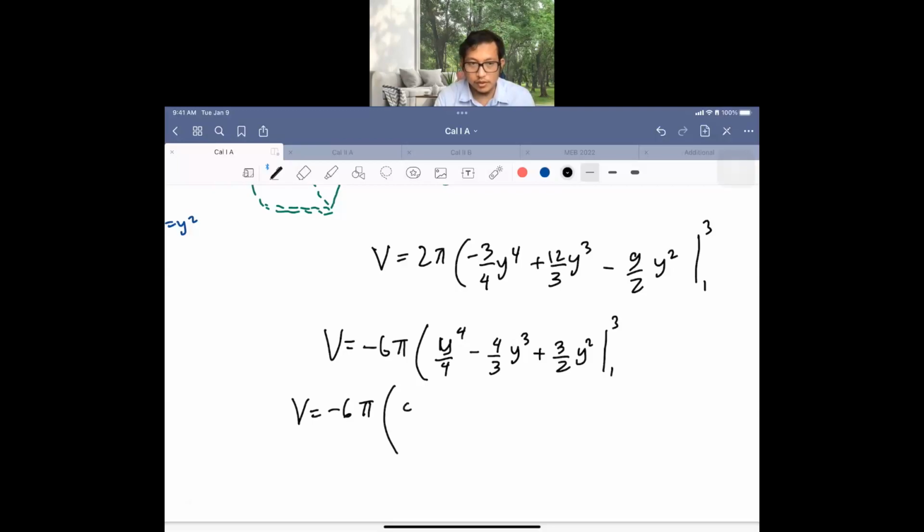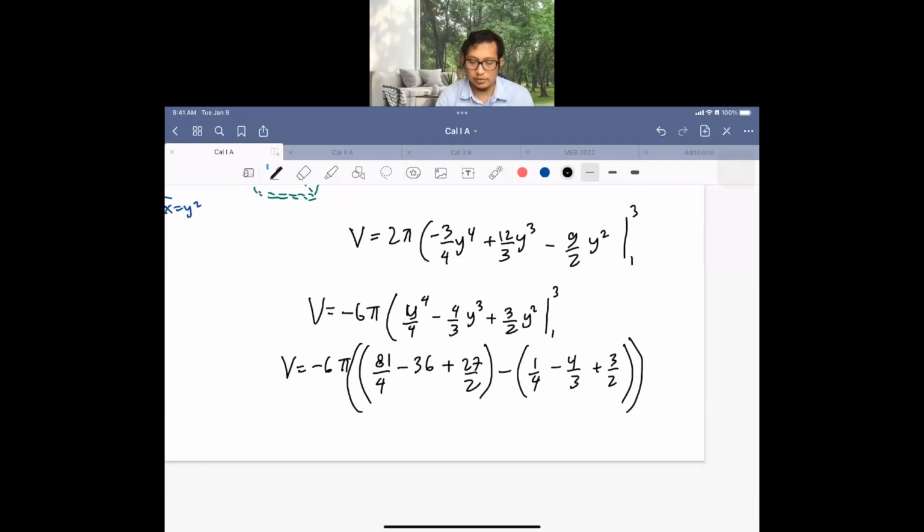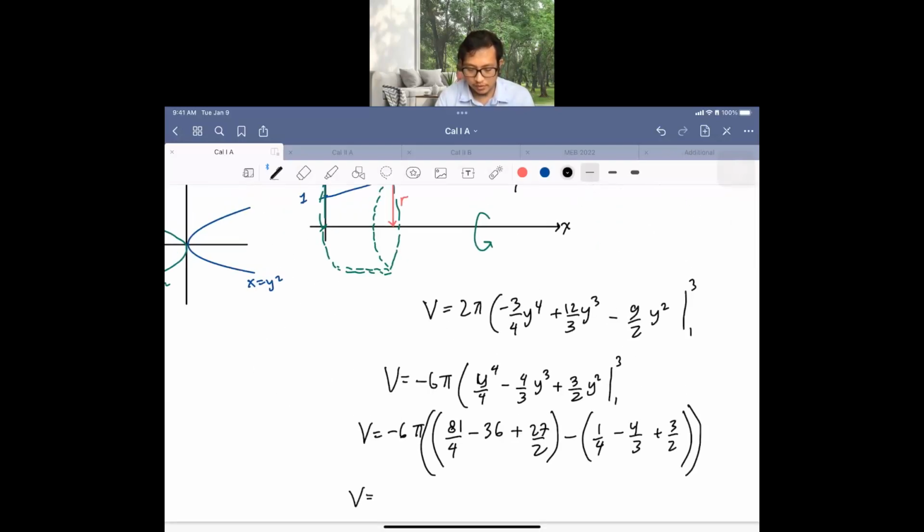So this will be 81 over 4 minus 3 times 27 over 3, plus 27 over 2, minus 1 over 4, minus 4 over 3, plus 3 over 2. Okay, I think we can solve this carefully.